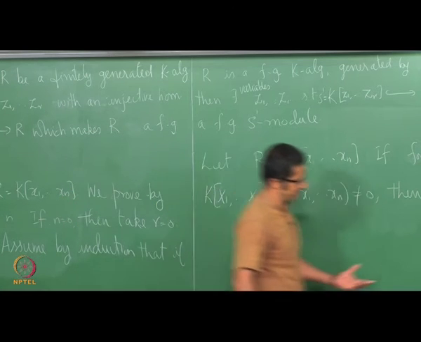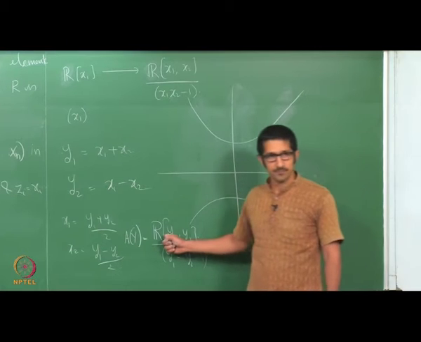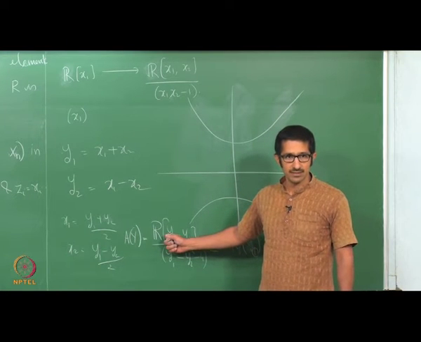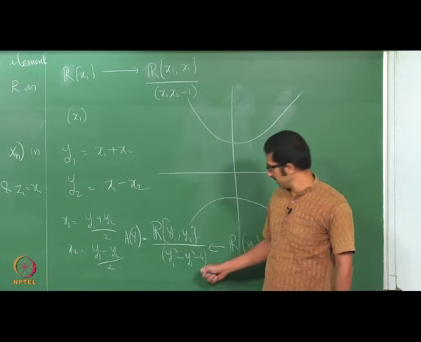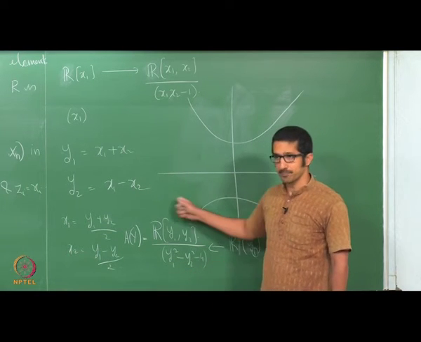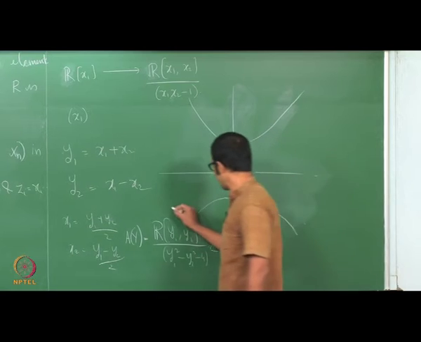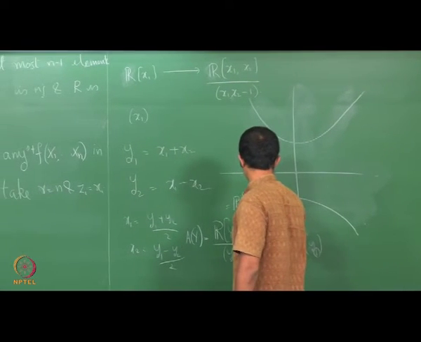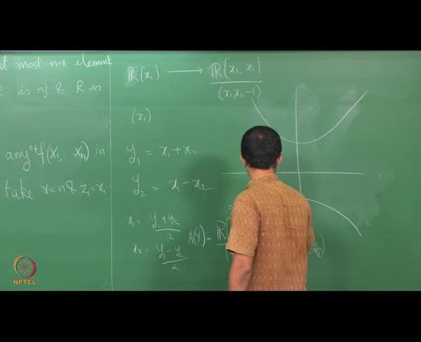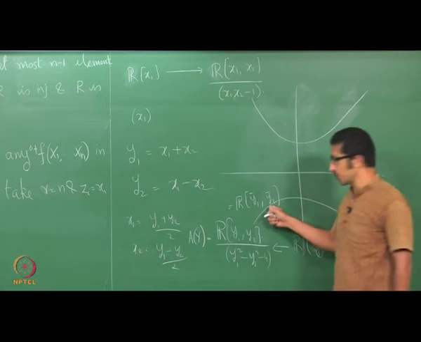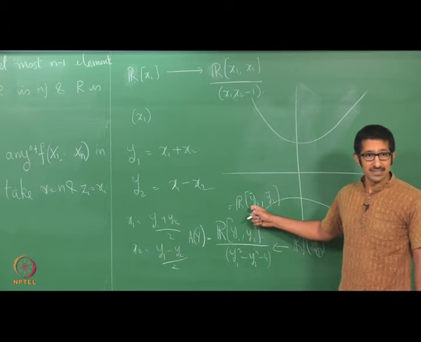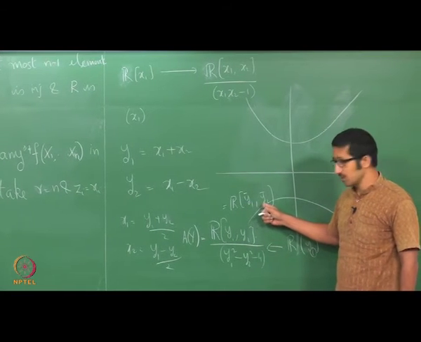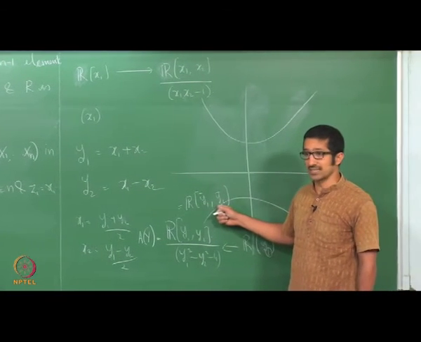See, here there is a relation between y1 and y2, right. That is, y1 square minus y2 square minus 4 is 0 in this ring. So, I can write this as R[y1 bar, y2 bar], but in this one y1 alone does not have a relation, but y1 and y2 satisfy a relation.